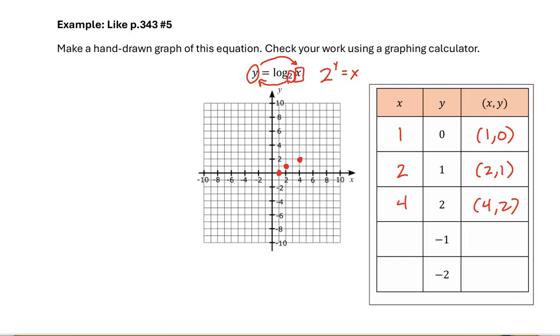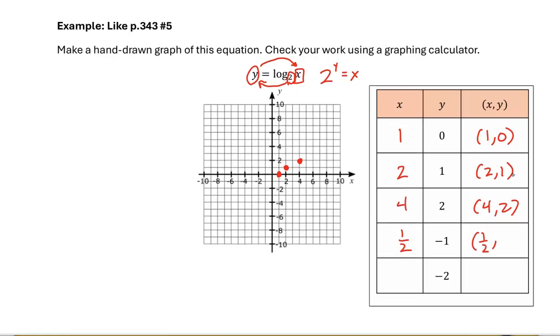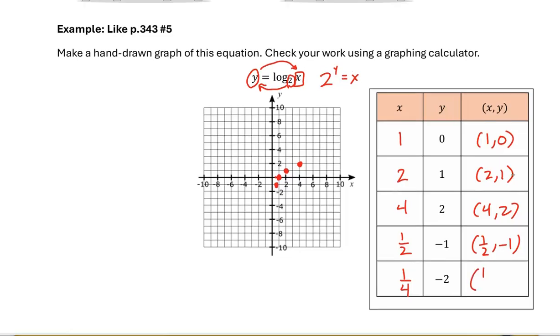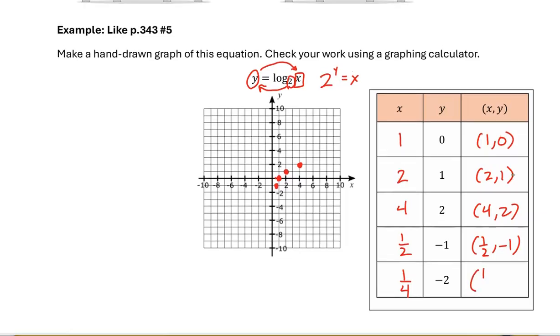And I probably could even fit one more on there if I wanted to, but we'll keep moving. 2 to the negative 1, that's the reciprocal 1/2. 1/2 comma negative 1. Over 1/2 down 1 right there. And 2 to the negative 2 would be the reciprocal 1/4. 1/4 and negative 2. So over 1/4 and down 2, something like that.